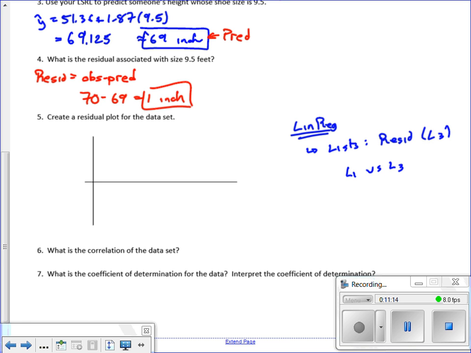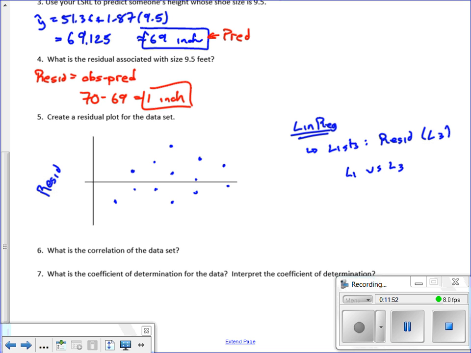I'll just do a quick sketch of it here, the residuals for shoe size. I'm not being quite as detailed as I should be, but you can see there's not really a pattern to that. So that's a good looking residual plot, and it does look like a linear model is appropriate based off of that residual plot.